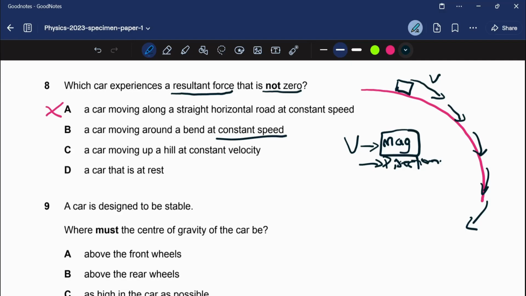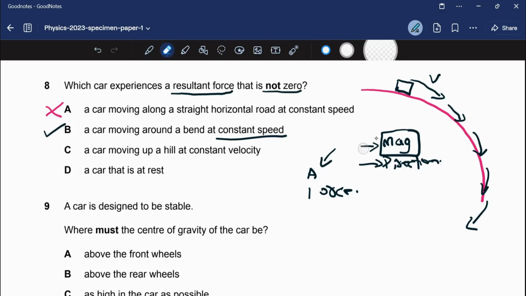This means the overall velocity is changing, and changing velocity means there is an acceleration and there is a force. So this could be the case where the force is not actually zero, because the direction is changing around the bend.